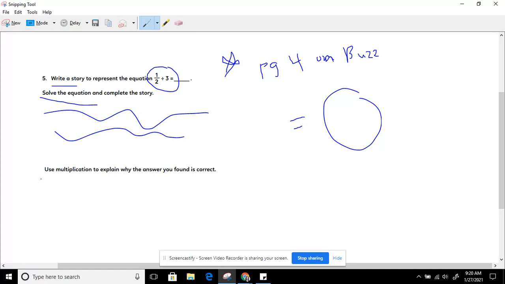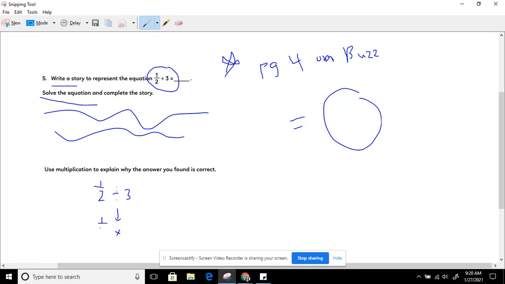And then the last part of number 5 is use multiplication to explain why the answer you found is correct. Well, that's just like what I showed you with 2 and 3 when we were checking our answer. 1/2 divided by 3. Okay, what's the inverse of division? Multiplication.